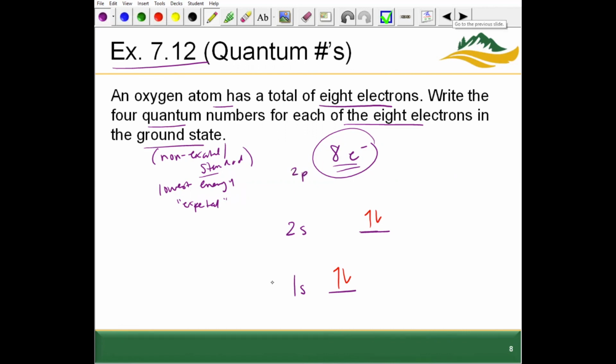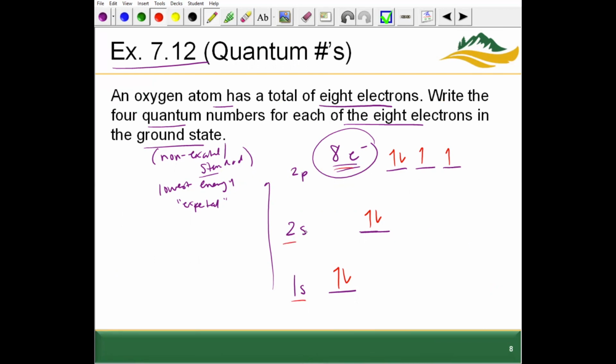In order of increasing energy, we have 1s, 2s, then 2p. 2p has 3 orbitals that can each hold 2 electrons. We need to fill 4 more. So we're going to do 1, 2, 3. Then we are forced to pair another one here. So this is paired. These are unpaired. That is 8 electrons total.